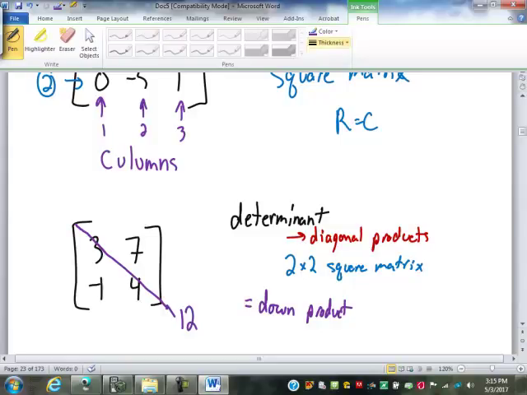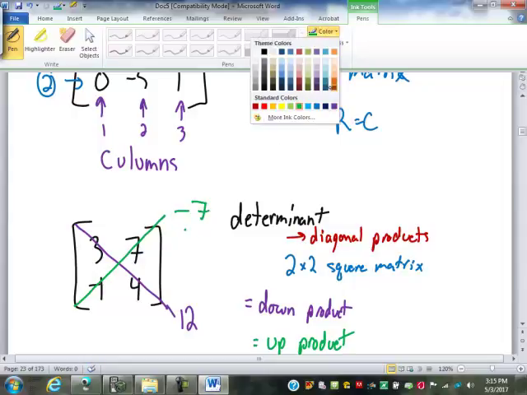That's our down product. And we use an up product. So we start in the lower corner and we go up. What is -1 times 7? -7. So that is our up product.